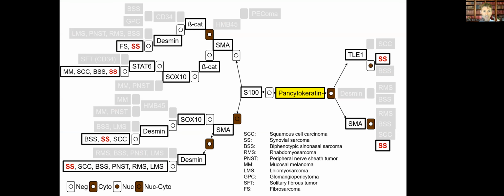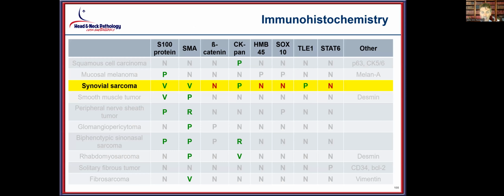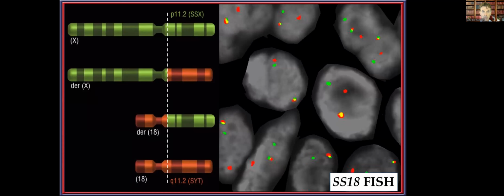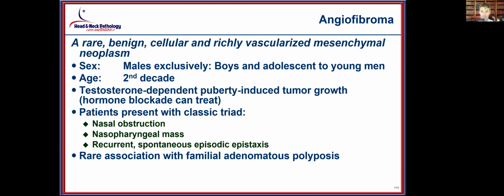So again, using the pan-cytokeratin, I had said that you may not always have that, and go in the opposite direction, which is why synovial sarcoma can actually be reached in a variety of different ways, incorporating the CK-pan as one of the markers that can be seen along with TLE1. The FISH break-apart probe, specifically for SS18, is probably the best that can be used. And here you can see a very nice example in this illustration.